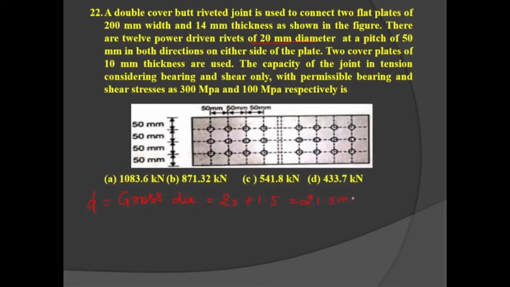That is 21.5 mm. Okay, now since a double cover butt joint is used, the rivets are subjected to double shear and bearing.